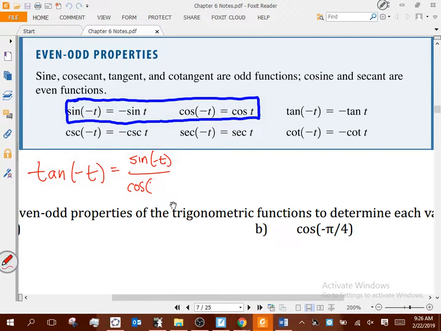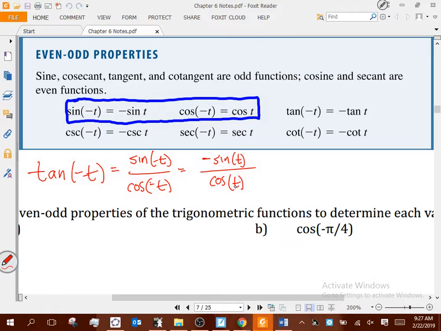It's a negative there. If that's the case, what did we just say sine of negative t is? Right, I bring that negative out front, because my goal is to get rid of this negative t, to make that turn into a positive t for tangent. So these 2 arguments somehow need to turn into a positive t. Cosine of negative t, we just said was cosine t.